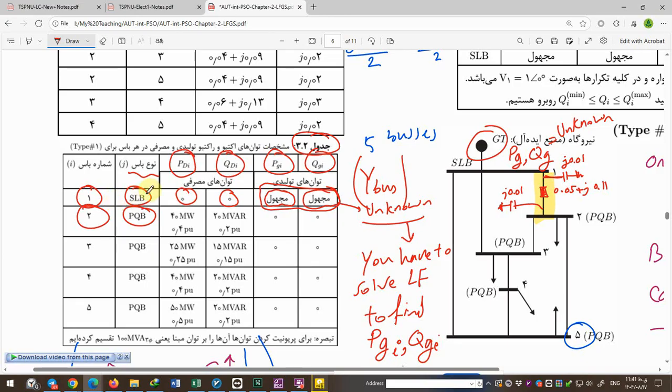And the load in bus 2 is specified, for example, 40 megawatts plus J 20 megavar. Only the demand is determined, and other parameters like the magnitude of voltage and its angle are unknown.